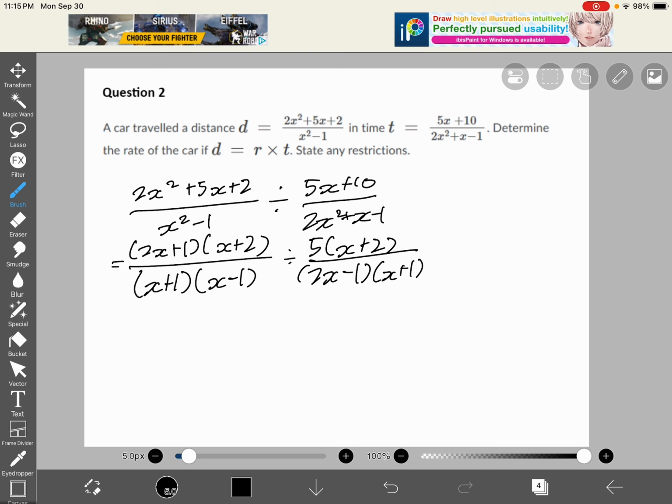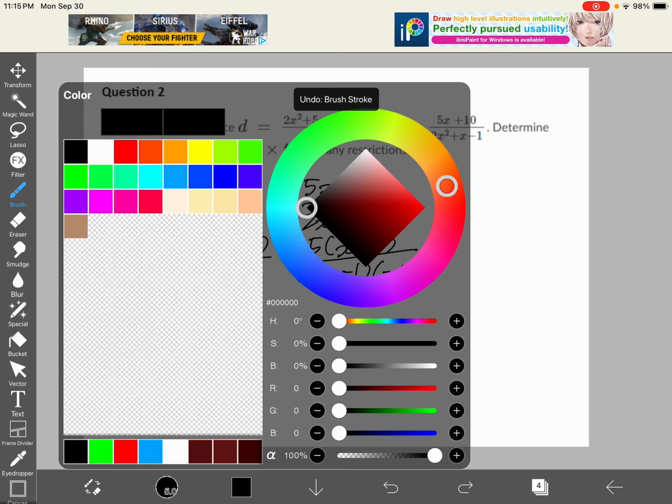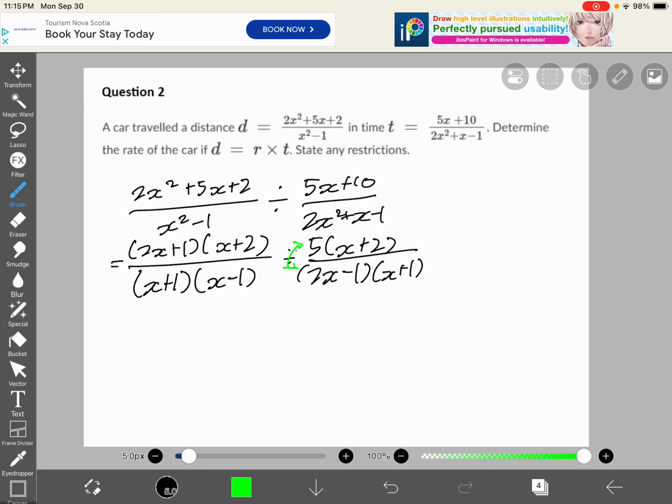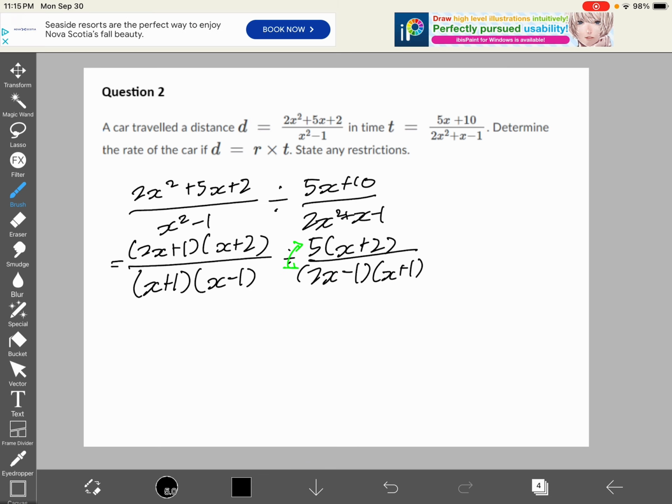So here we have that, and then we can simply flip the, since it's a division, we're dividing distance by time to find out the rate, we're going to flip these two values, the numerator and the denominator, on that time. So it's going to become something like this.